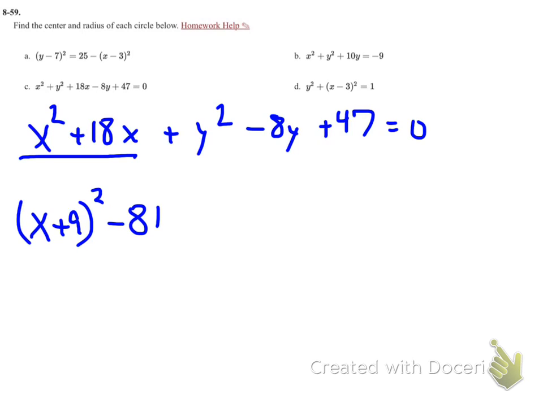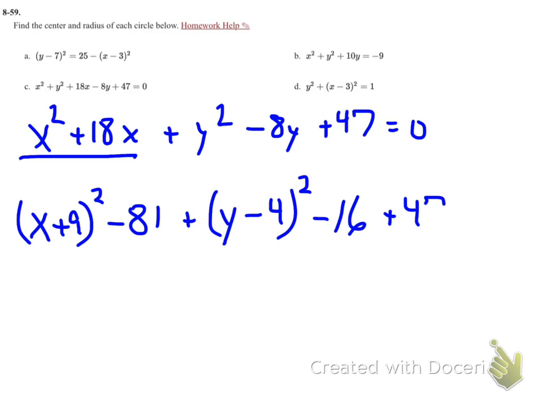That will now complete that square. With my y values, I have y squared minus 8y, so I'll be making a (y minus 4) square. In order to complete that square, I need to add 16, so now I will subtract 16, and plus 47 equals 0.